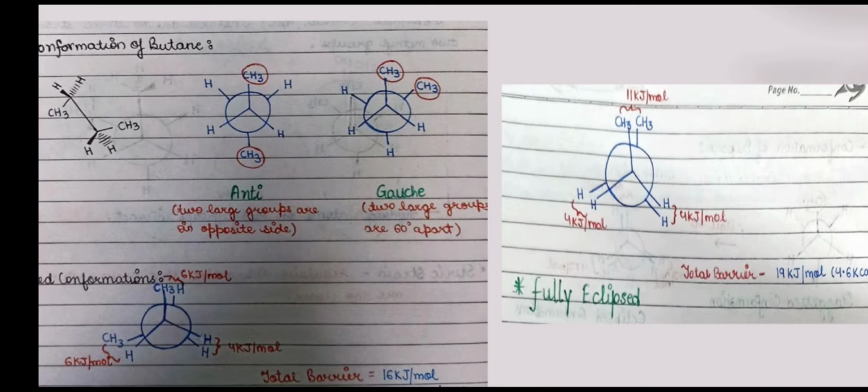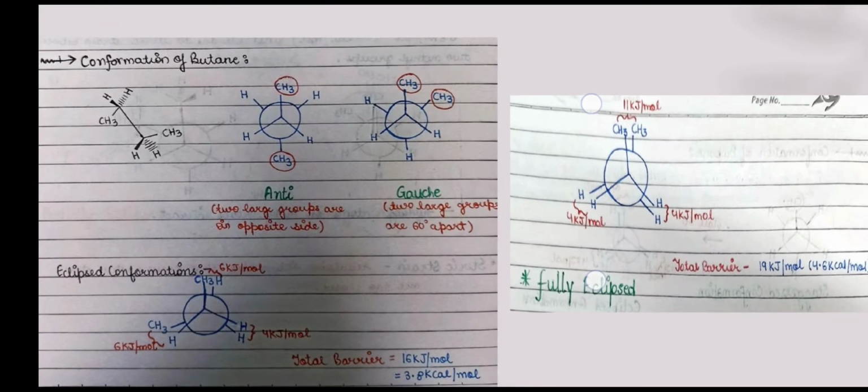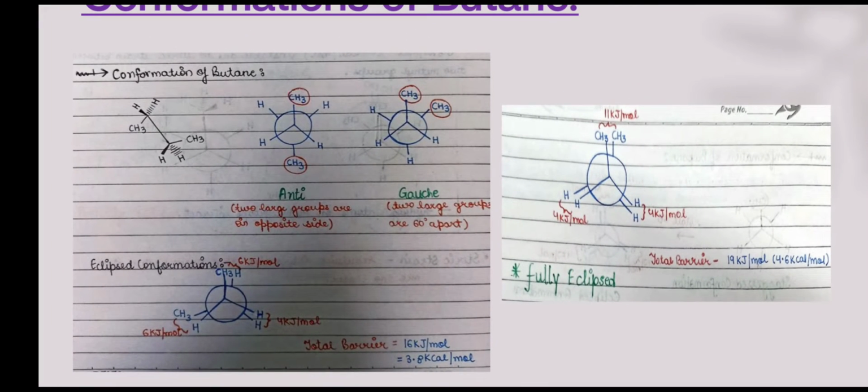It is 4 kilojoule per mole. And the interaction between the front carbon's CH3 and the H atom of the back side is 6 kilojoule per mole. That's why the total energy barrier is 16 kilojoule per mole, or we can say 3.8 kilocalorie per mole.